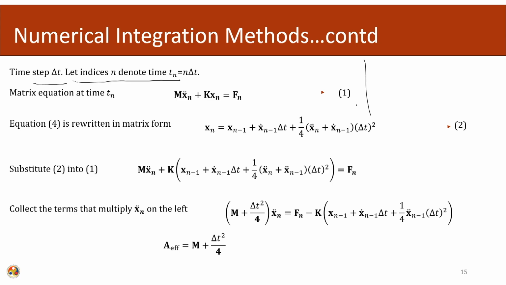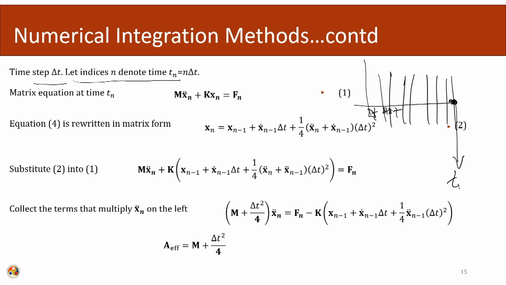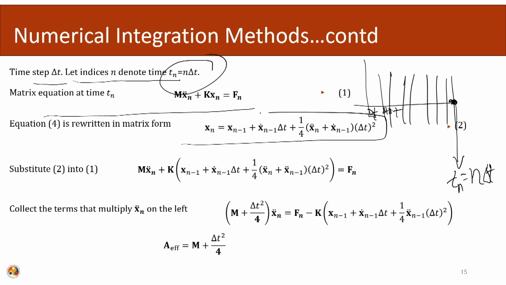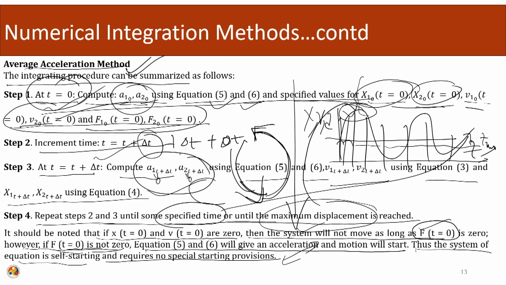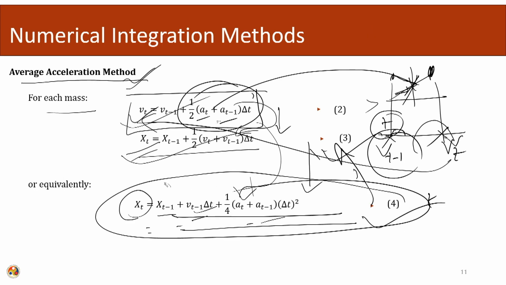We have broken down time t into discrete values of delta t, and if we want to write time at any given value, say t n, then t n will be the number of increments times delta t. So, the matrix equation at time t n: equation 4, the earlier equation 4, we can rewrite in the matrix form. If you remember equation number 4, this was the equation.